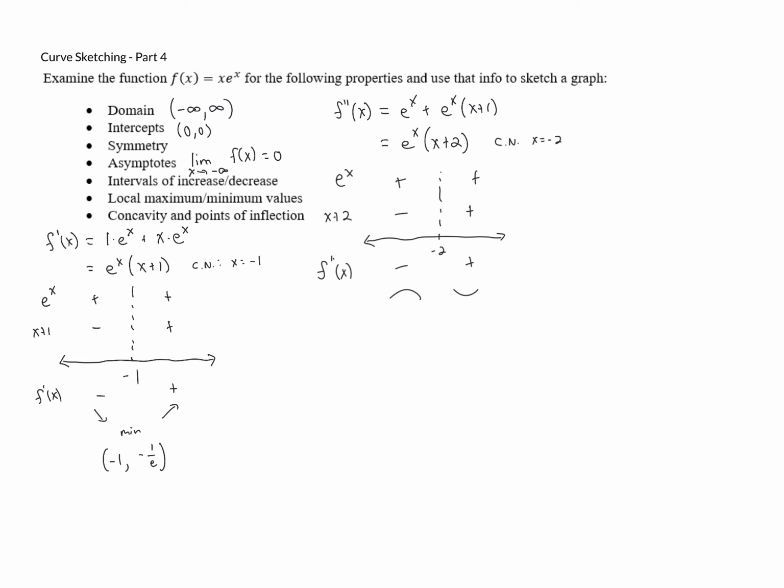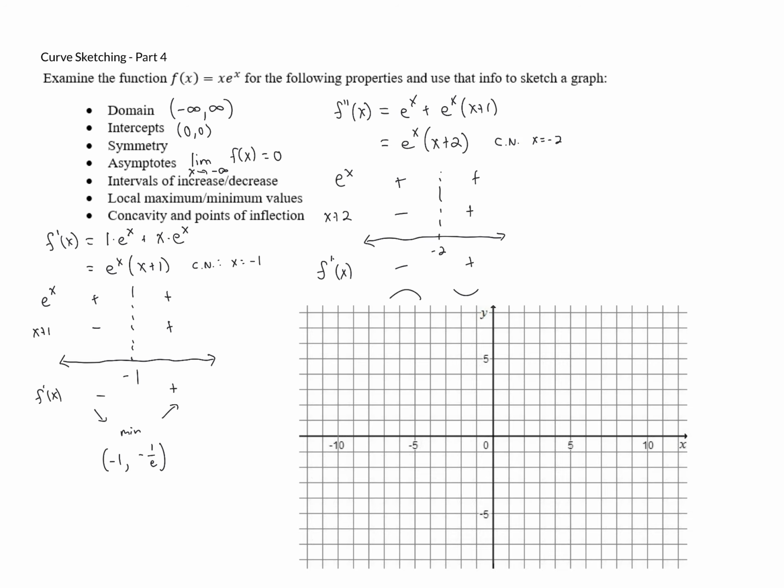I think we've got all the information we need, and we can start plotting these points and graphing things out. I'm going to switch to the graph paper that I actually use when I teach in person, because I think it's good to get a little bit of practice here. And let's see, what information do we have? We know we have an intercept at 0, 0, both an x-intercept and a y-intercept.